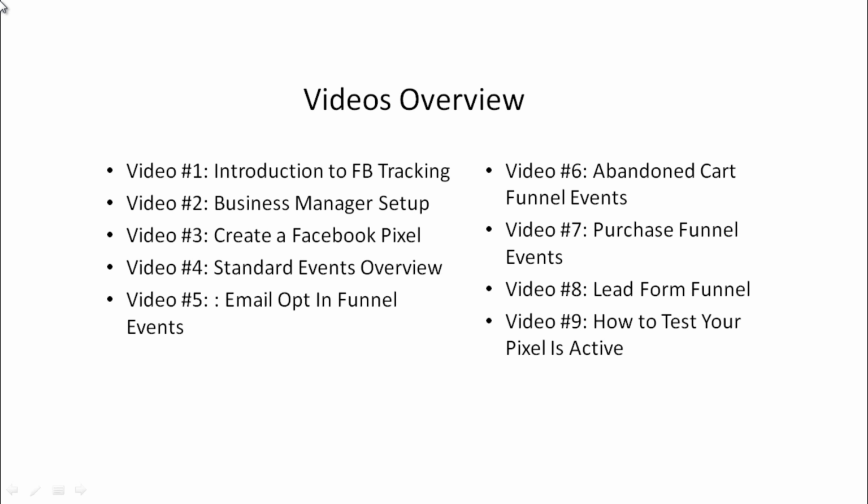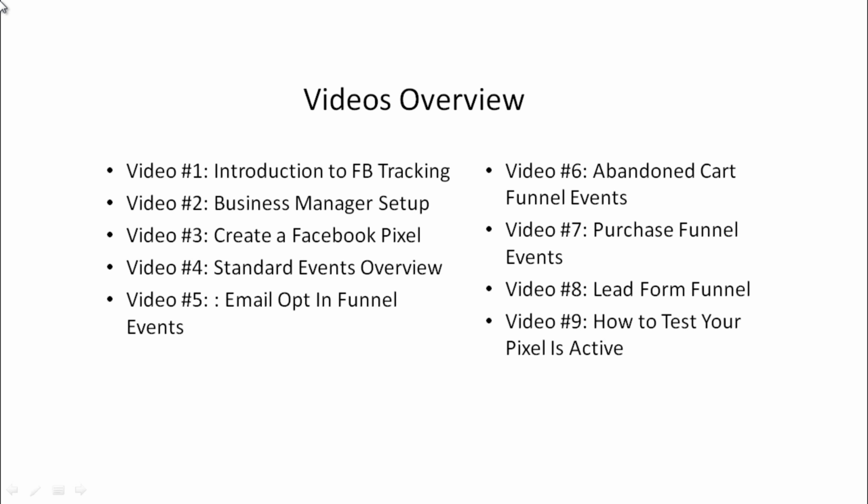Video number 1 is the introduction to Facebook tracking. We'll talk briefly about why it's important and what you need to have to get started. Video number 2, we'll talk about Business Manager and why you need that and how to go about setting that up. Video number 3, we'll talk about how to go about creating your Facebook pixel and why you should have different pixels if you have different products.